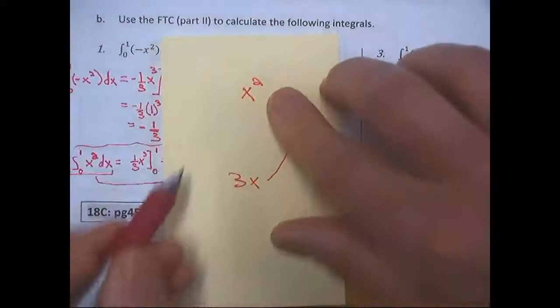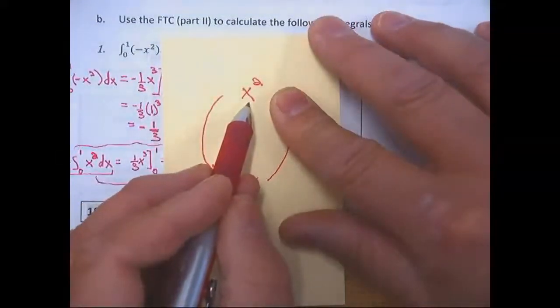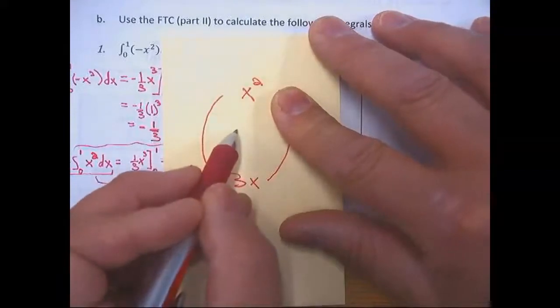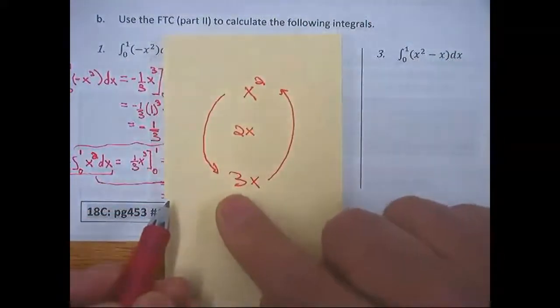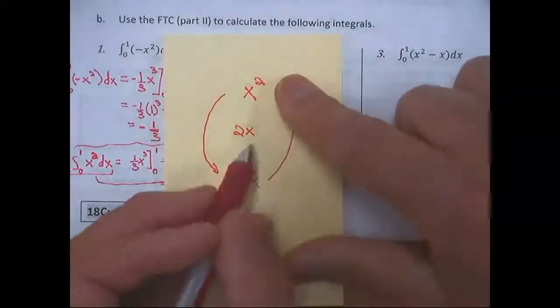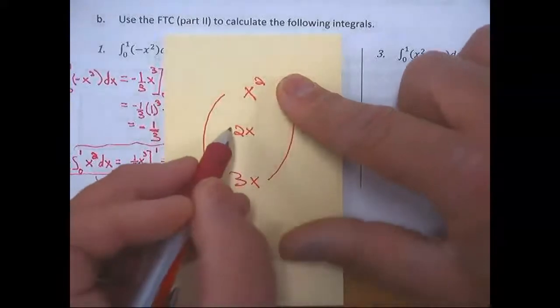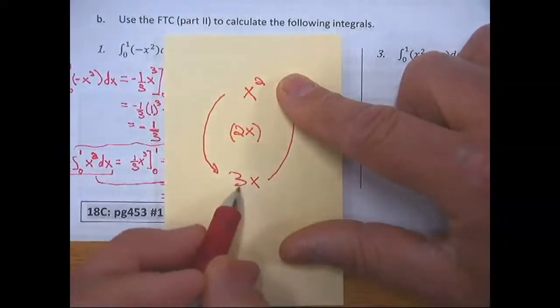Okay, now, start taking the derivative of that. What is the derivative of that? And 2x. 2x, right? Yeah. But you want it to be 3x. So if it's 2x, what would I do to this 2x so that it would become 3x?